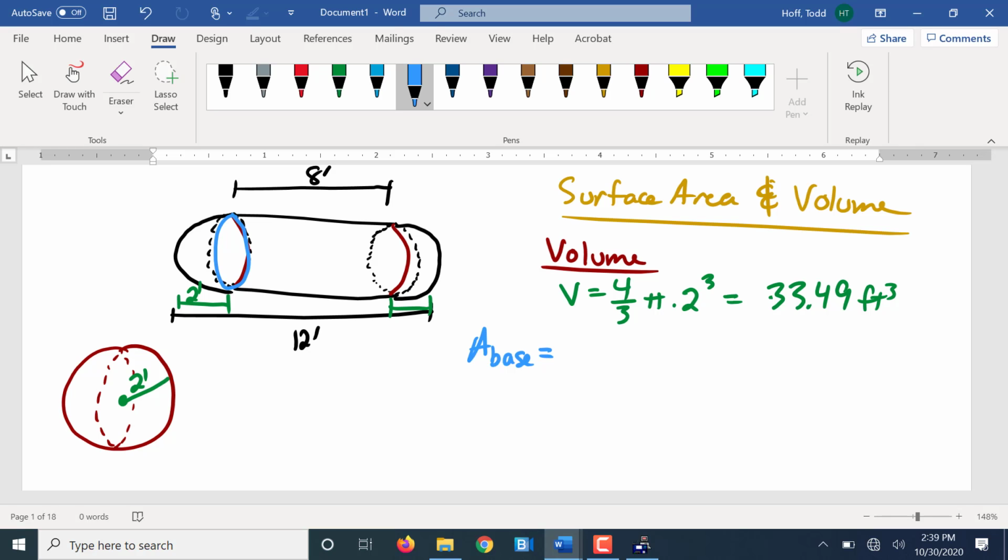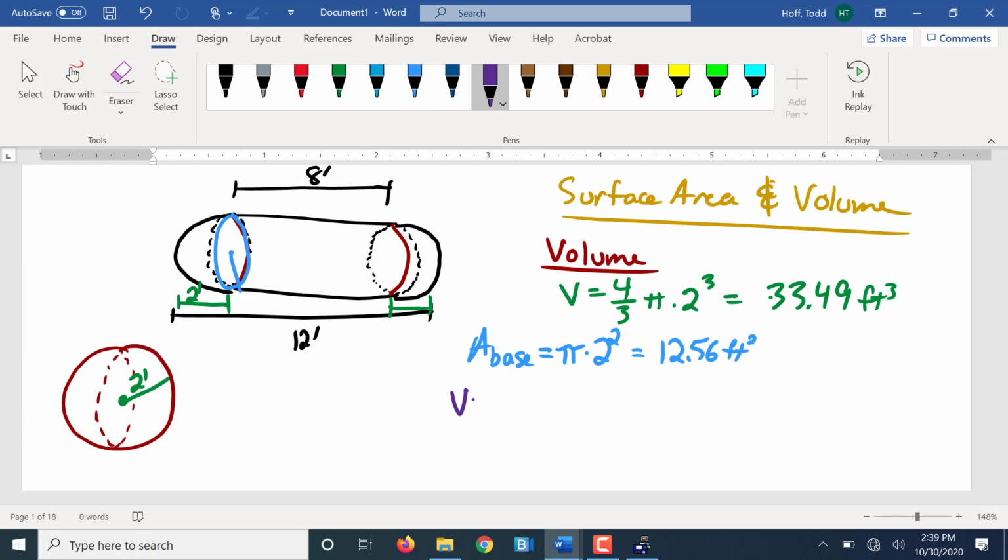So to find volume for most solids, the sphere is different because it doesn't have a base. For a cylinder, it has a base. So we find the area of the base, which is just that circle. How do we find the area of that circle? Pi times 2 squared, right? So that's 12.56 square feet.